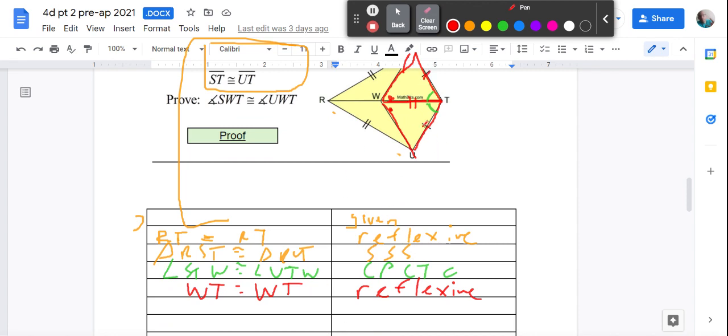So we have side, two little green angles, side. Okay? So triangle STW is congruent to triangle UTW by side angle side, which makes SWT and UWT congruent by CPCTC.